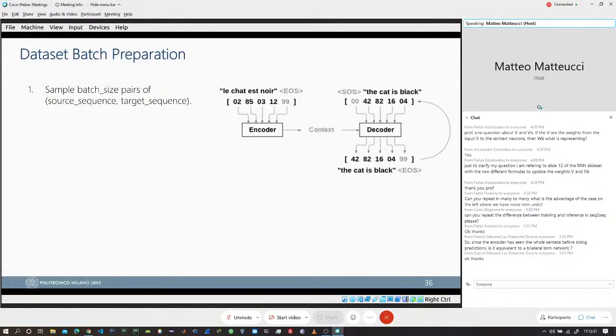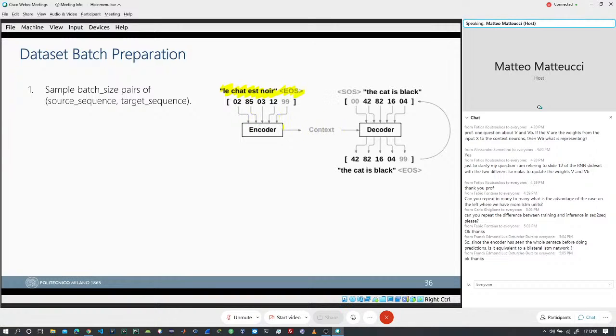How do you train this network? Well, we know we train them in batches. So basically, we prepare a batch of input-output pairs. The input is, for instance, as you see here, a sentence in French, le chat est noir, with a marker of the end of sentence.